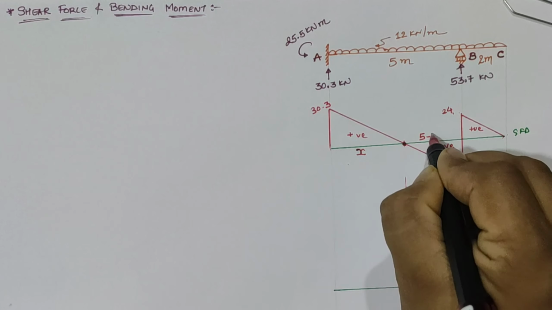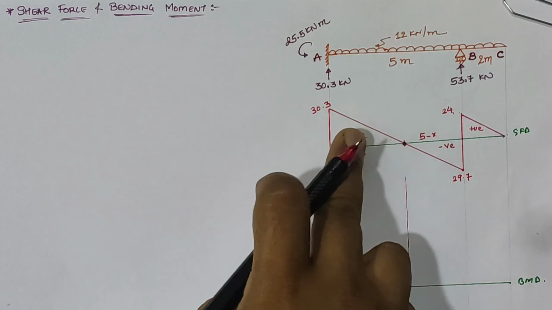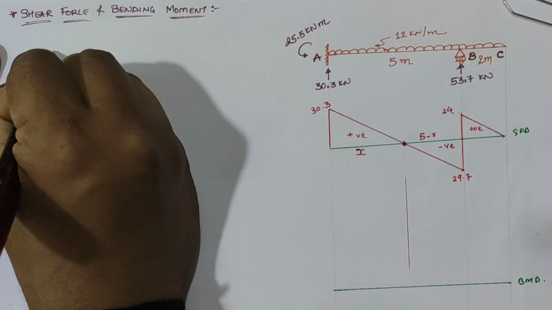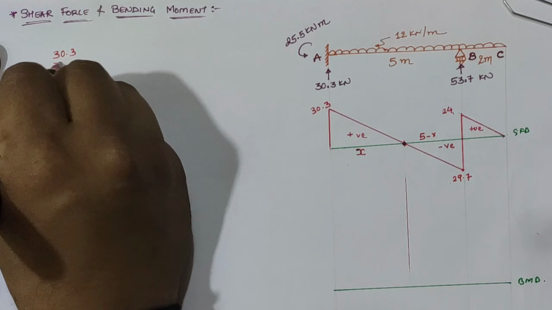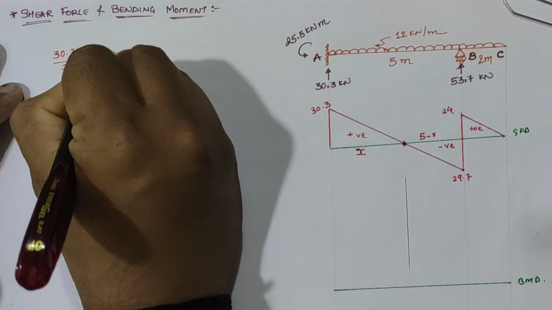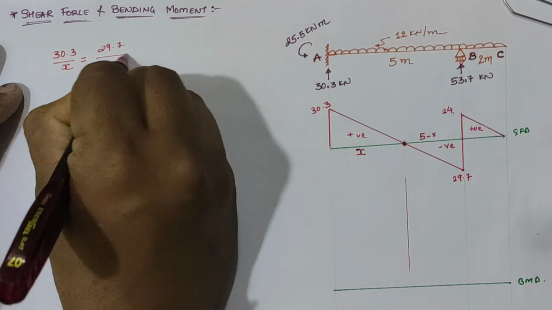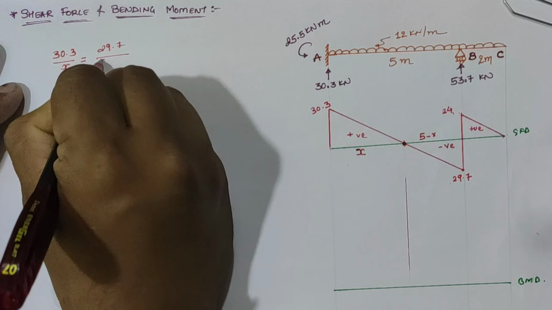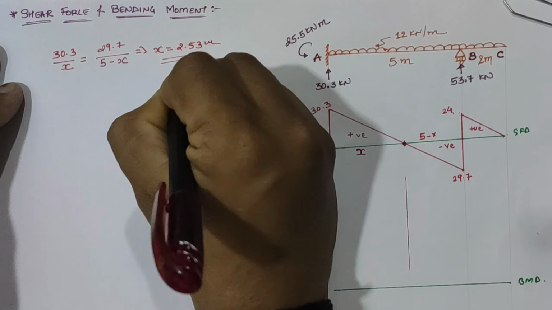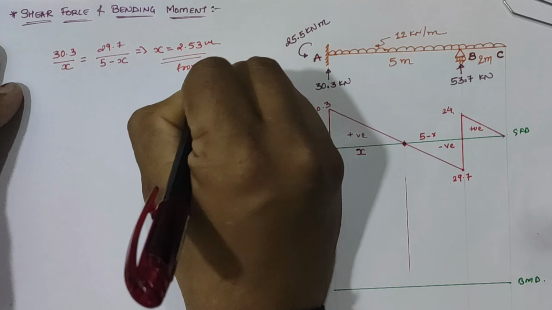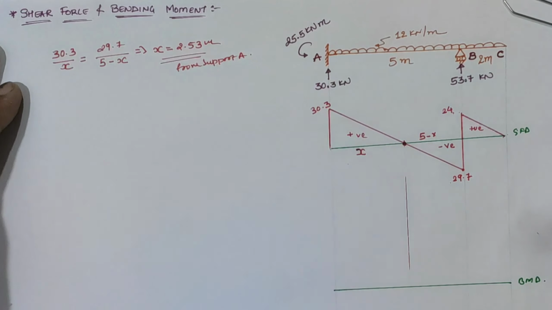If we calculate the value of x using the similar triangle rule between A to B point, then it is 30.3 divided by x, which must be equal to 29.7 divided by 5 minus x, and our value for x using this similar triangle relation is equal to 2.53 meter from support A, where we will have the maximum bending moment of the beam.